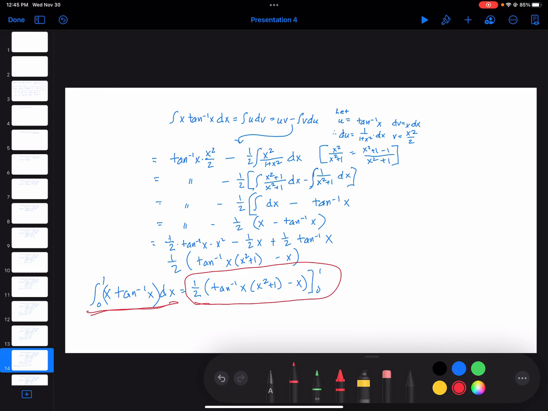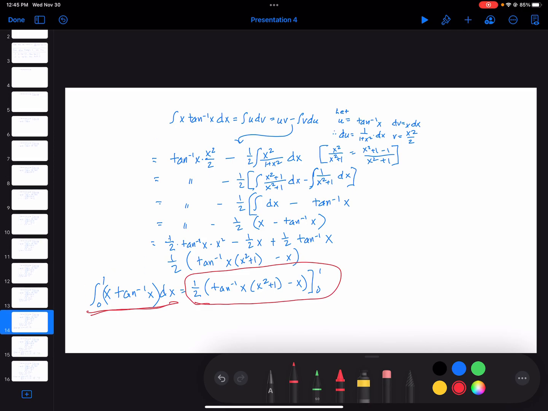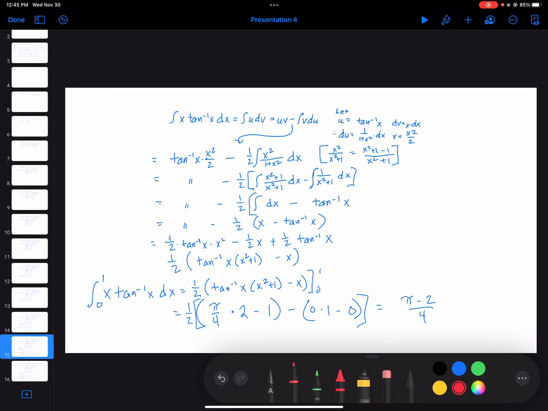You can do that on your own if you want, but if you want to see it worked out, you plug in 1 first, and inverse tangent of 1 is pi over 4, like we talked about. This quantity simply becomes a 2, and then this, of course, is the 1.